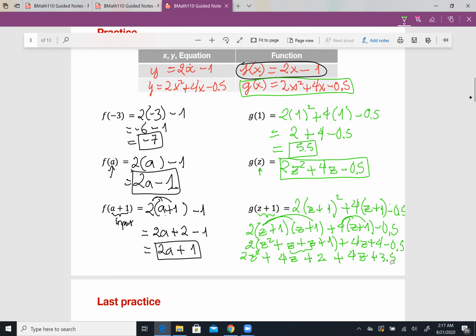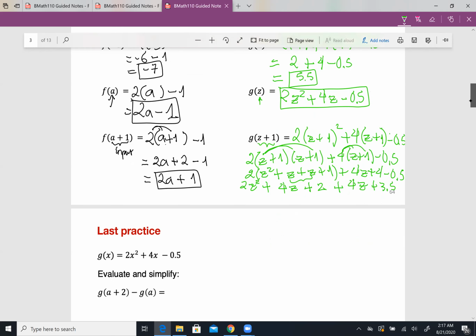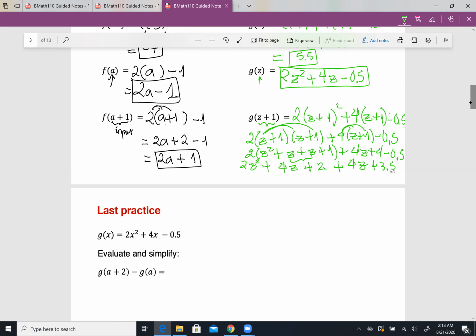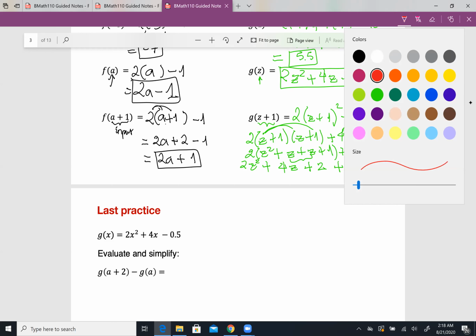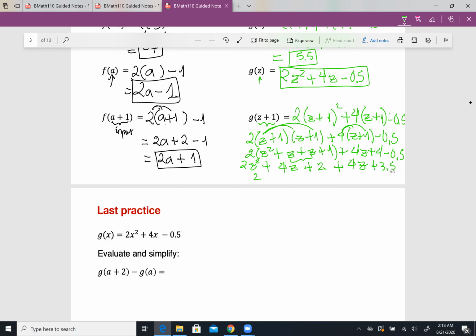So I'm gonna simplify. 2Z squared stays, and 4Z plus 4Z here becomes 8Z, and 2 plus 3.5 here will be 5.5.